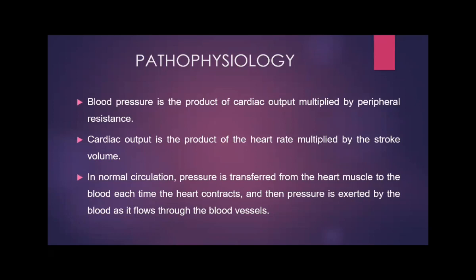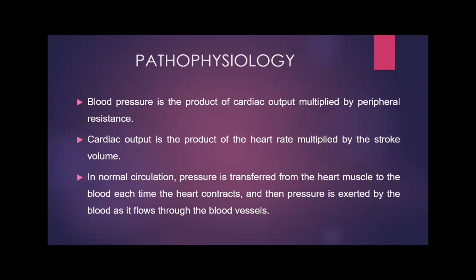So having that background, now we can move into more details about the pathophysiology of hypertension. In normal circulation, pressure is transferred from the heart muscles to the blood each time the heart contracts. And then pressure is exerted by the blood as it flows through the blood vessels.